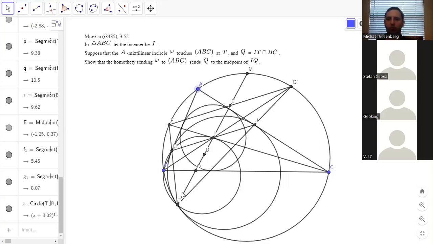Okay. And then, okay. And that's the same as TI. Okay, so you want TQ over QI.